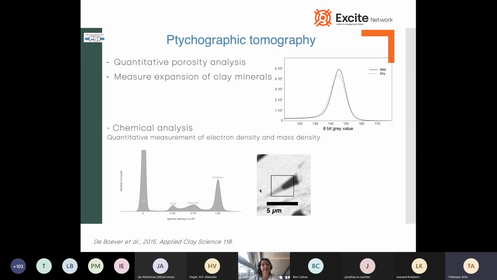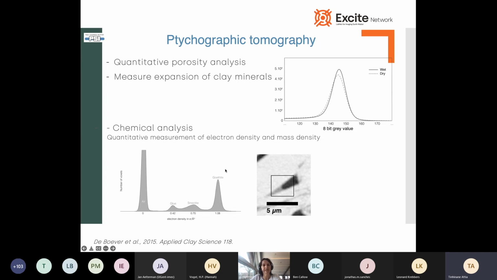Combined with this, you can also get chemical information. For instance, we could determine the liquid that was present inside our sample, at the bottom of our sample, which was in this case the glue that was used to glue our sample on our sample holder. So you can also get the chemical information.